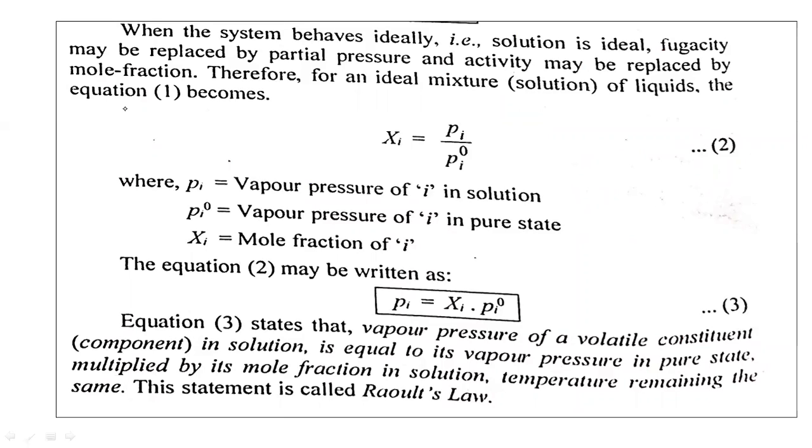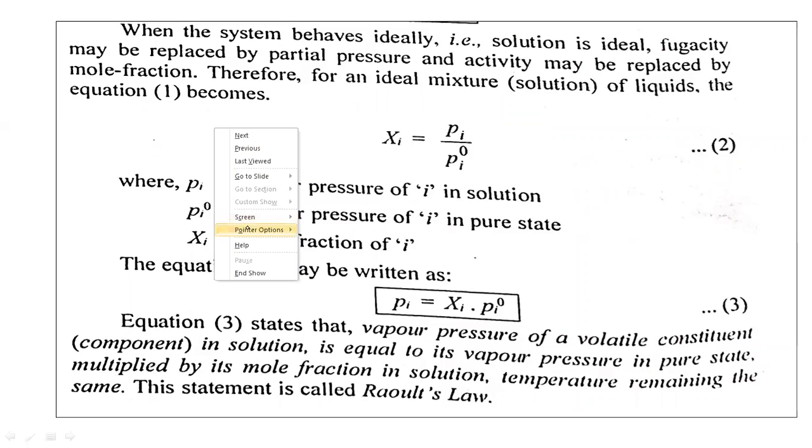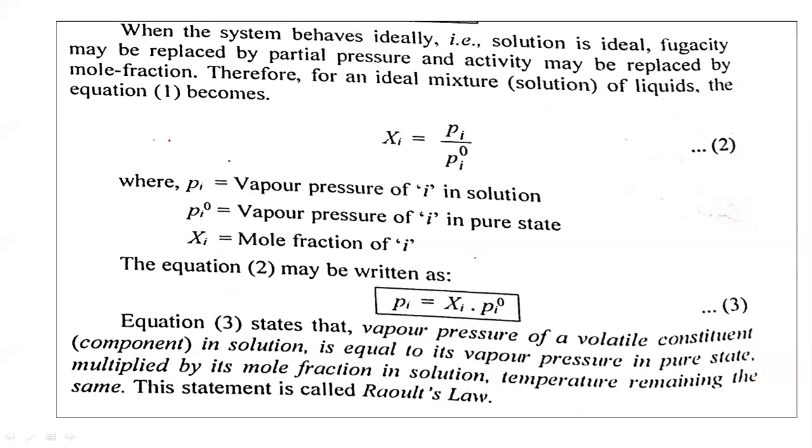So the above equation, Ai equal to Fi divided by Fi0, can be modified.